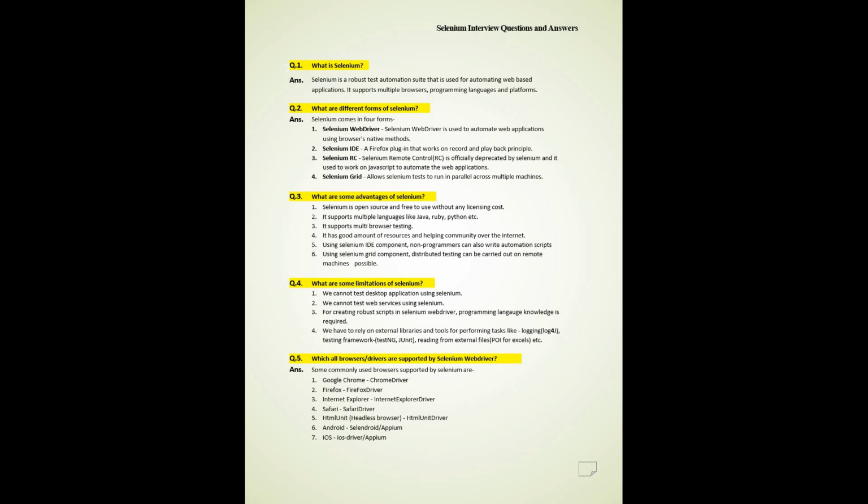In one hub, multiple nodes are connecting and multiple tests can be run on multiple nodes. That is how Selenium Grid is configured. You should also know that it is open source and supports multiple languages, so that if the person is Java, Python, or C++, they can work on it.